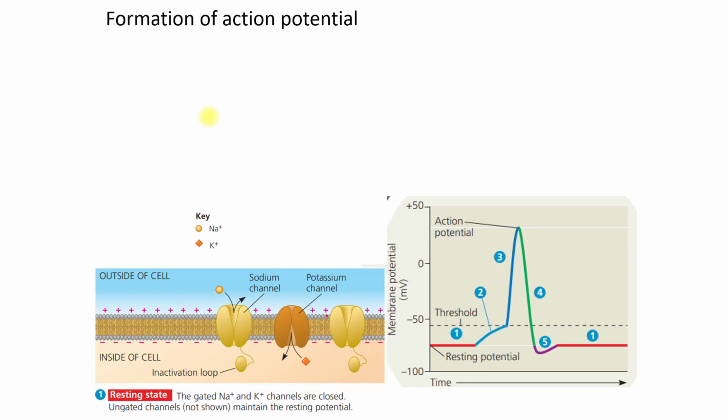Now, how does an action potential form? First things first, an action potential of a neuron is also known as a nerve impulse or spike. So when we talk about spike, we understand it means action potential or nerve impulse.